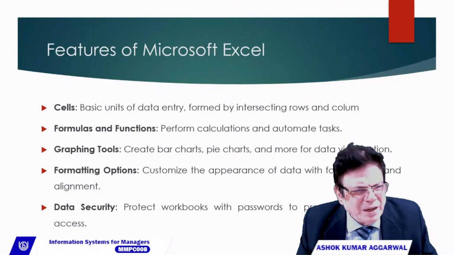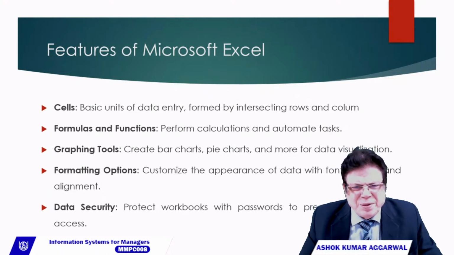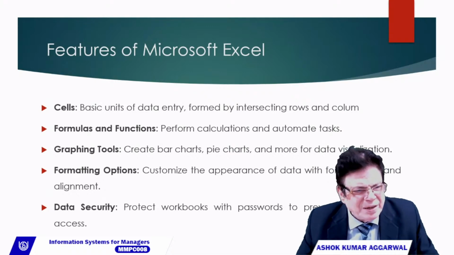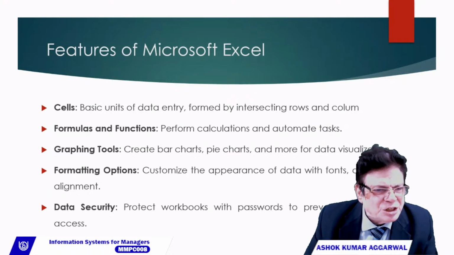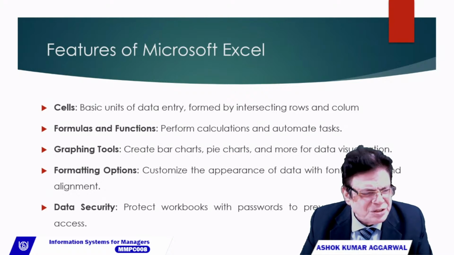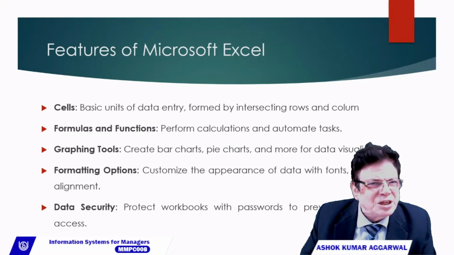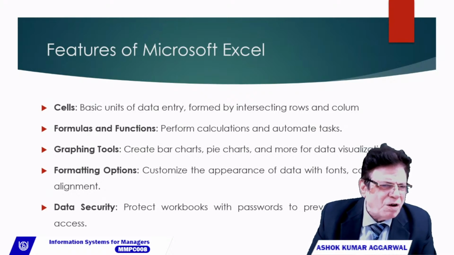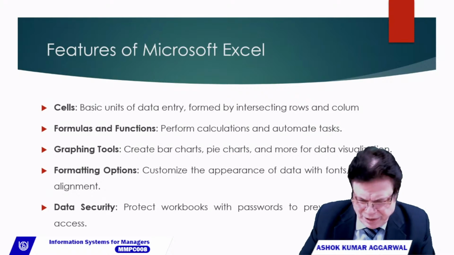Fourth is formatting options, which customize the appearance of data with fonts, colors, and alignment. Next is data security, which protects workbooks with passwords to prevent unauthorized access. These are the features of Microsoft Excel: cells, formulas and functions, graphing tools, formatting options, data security.